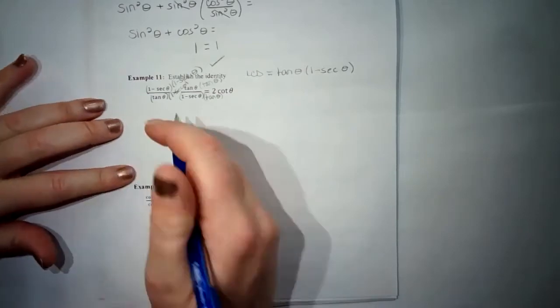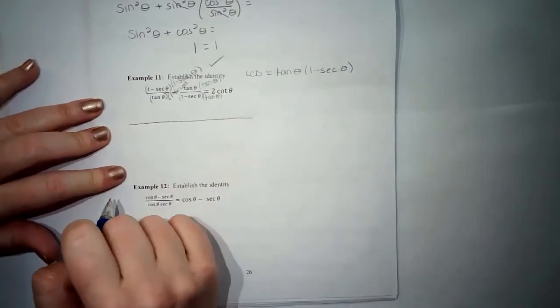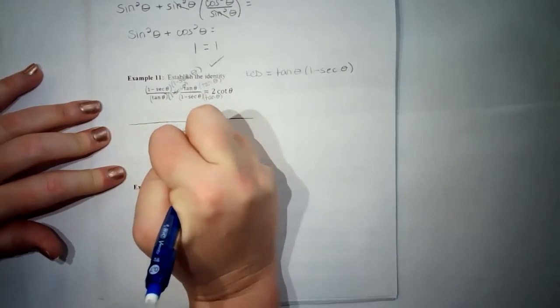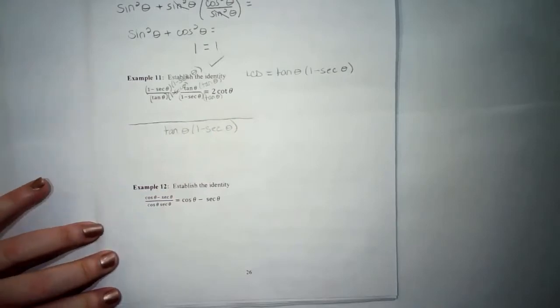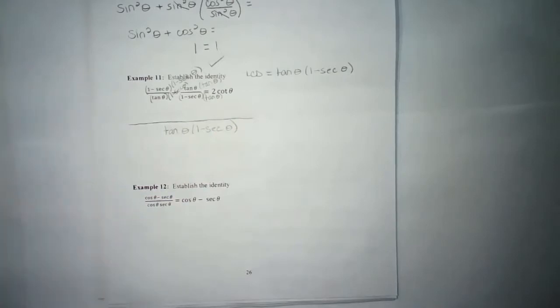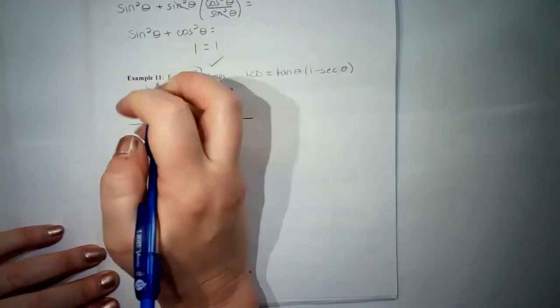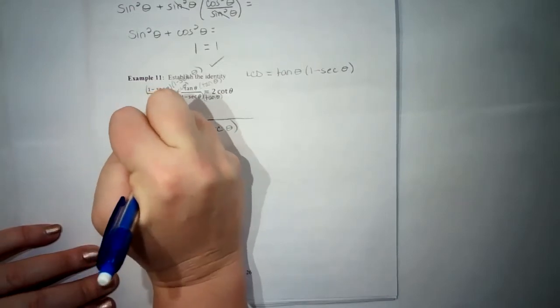Okay, so now I can have a big giant fraction. My denominator is going to be tan theta times 1 minus secant theta, right? That's what I turned the bottom into. Okay, here we go. This term is going to be 2 of these. That's what the numerator is.